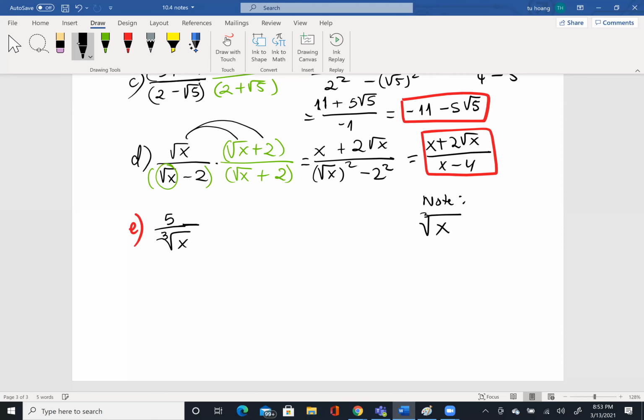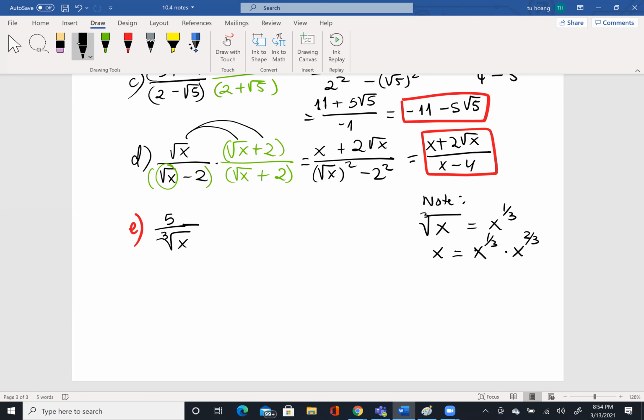So I would like to change this cube root to x to the power 1/3. So in order to get x, instead of the power 1/3, I'm going to have x equal to x to the power 1/3 multiplied by x to the power 2/3.